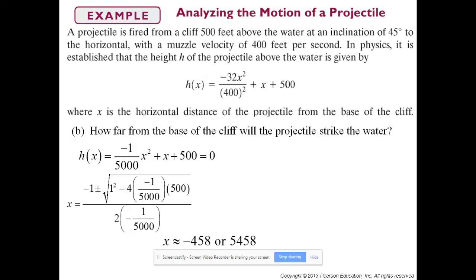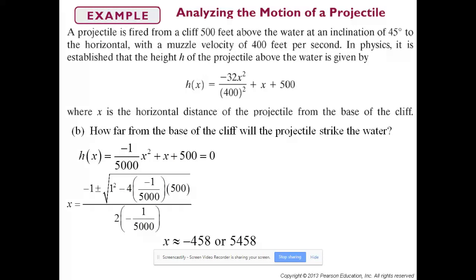They're negative 458 and positive 5,458. Huh. What does that even mean? Which one is the right one to pick? Why not the negative one?